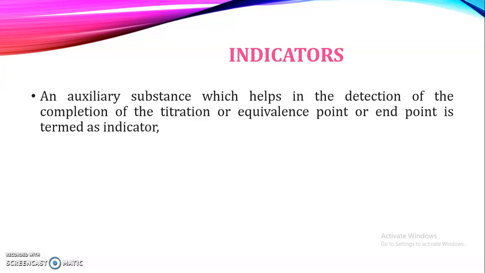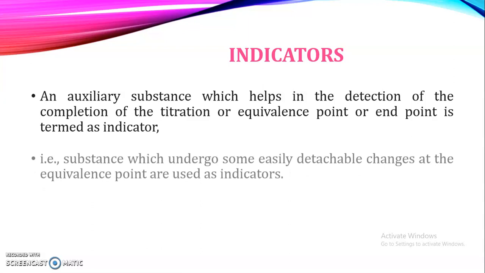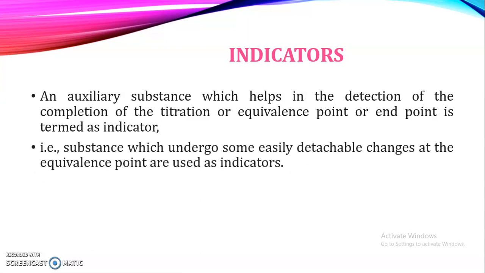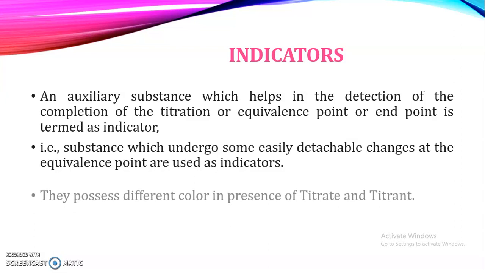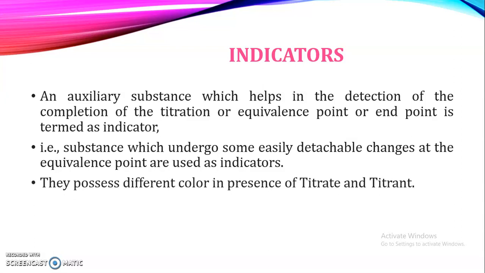This auxiliary substance is known as the indicator. This is the substance which undergoes some easily detectable changes at the equivalence point, and it is used as an indicator. It possesses different colors in the presence of the titrate and the titrant.